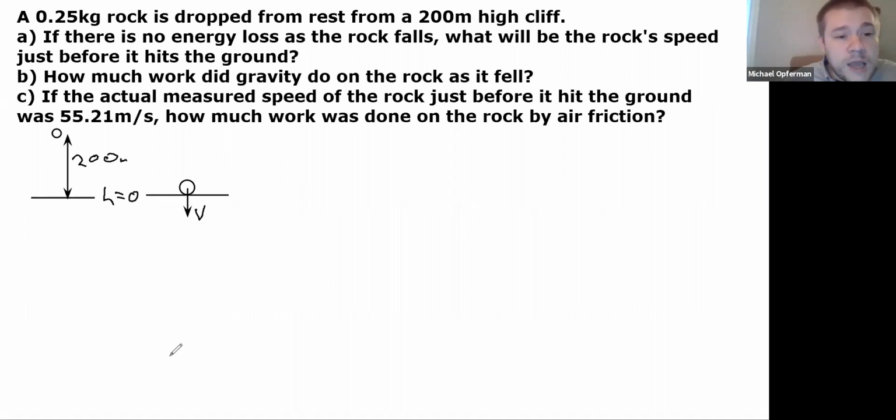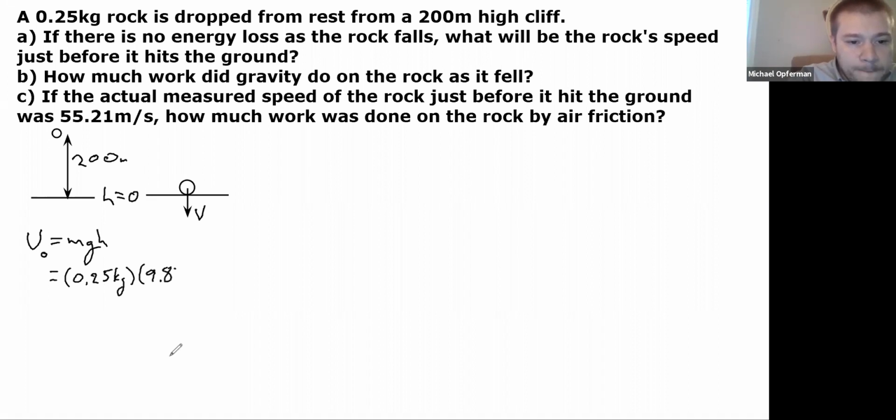So next thing I would do is write down the potential and kinetic energy for the initial and final state. So for the initial state here, the potential energy is going to be mgh. So that's going to be 1/4 times 9.8 meters per square second times 200 meters.